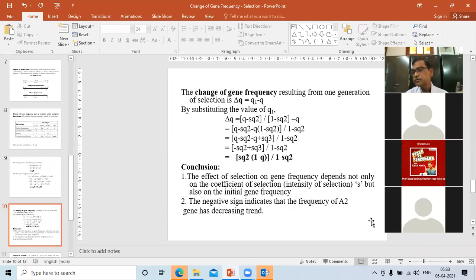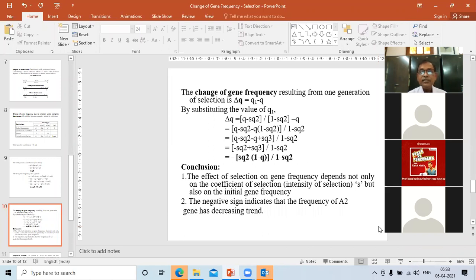In case of no dominance conditions, you will find that the change of gene frequency resulting from one generation of selection will be minus SQ into 1 minus Q by 1 minus SQ.